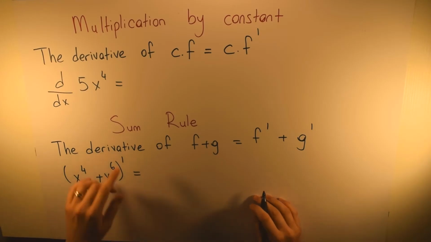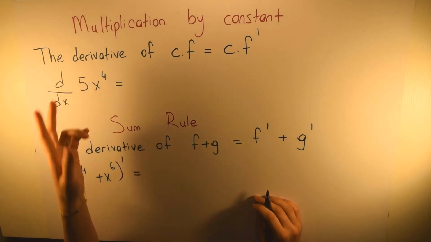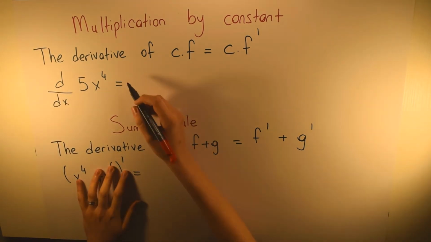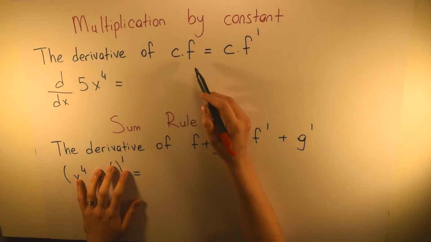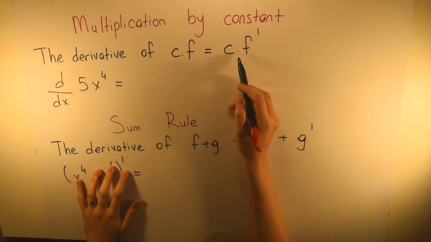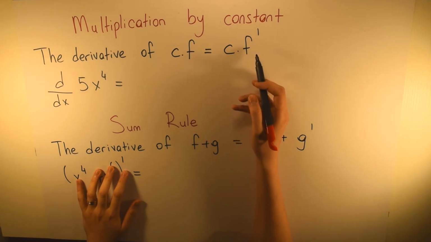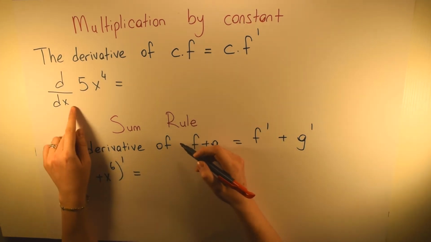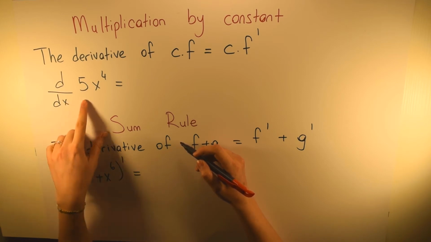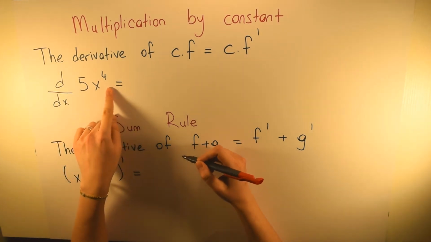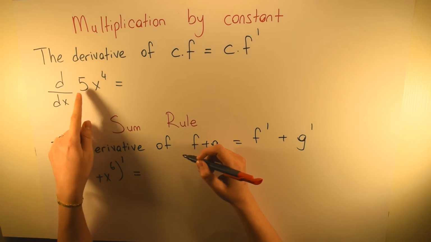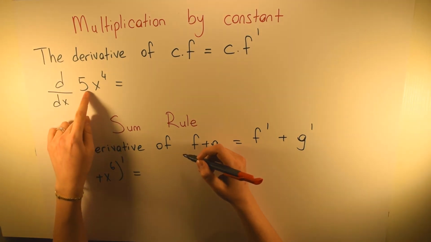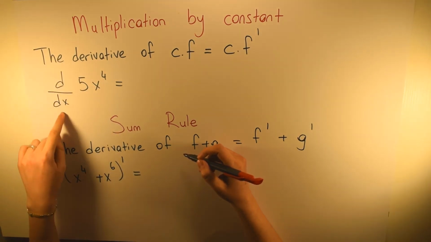So how do we take the derivative when we multiply by a constant? Here the derivative of c times f is equal to c times the derivative of f. So let's look at here. We have d over dx of 5x to the power of 4. Here this 5, actually we can put in front of this d over dx.